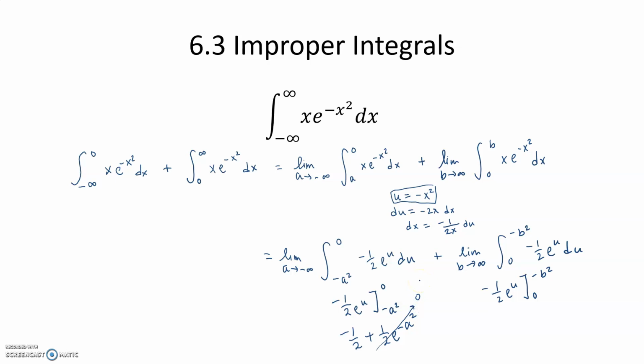And so that side of the improper integral would be negative 1/2, and the other side would be positive 1/2, because this again, as b goes to positive infinity, this is going to go to 0. And so we have 1/2 and negative 1/2. So our integral is equal to 0.